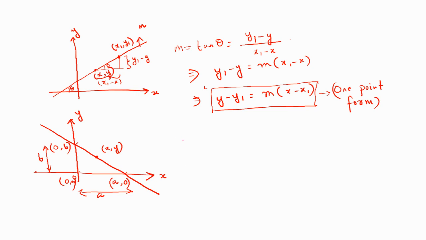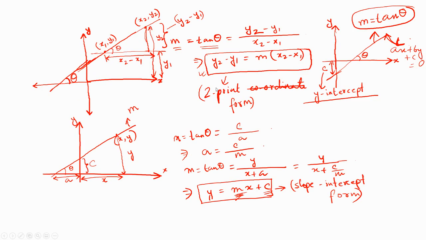So it's y minus y1 divided by y1 minus y2, which is b, equals x minus x1 divided by x1 minus x2, which is a and 0. We just use the previous two point form equation.